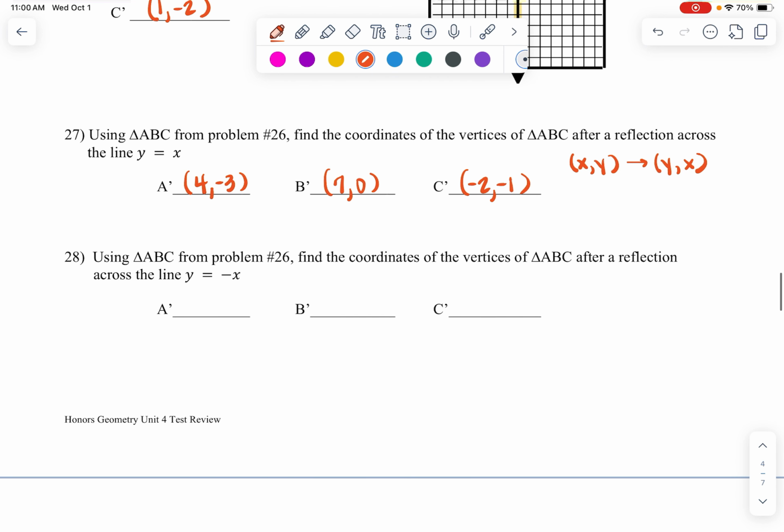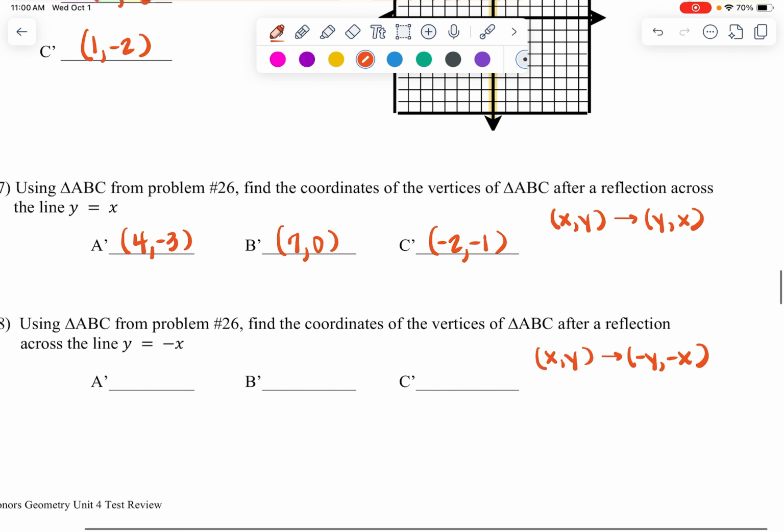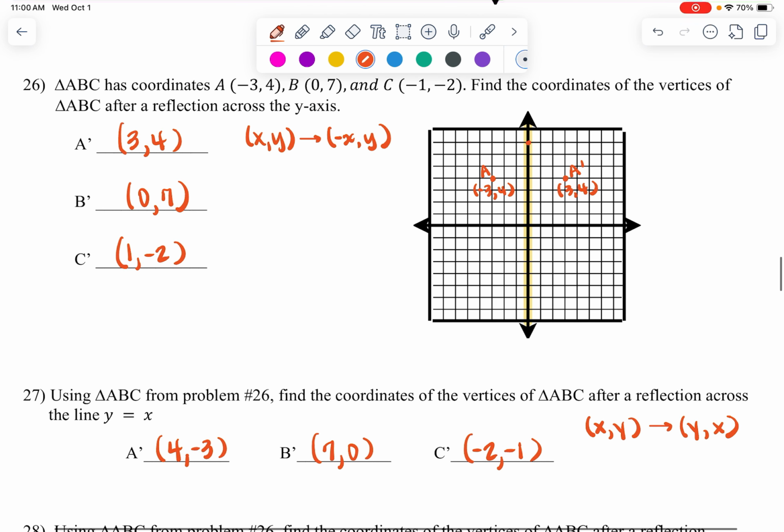Then they want us to go over the y equals -x line. So our rule is basically the same, except it's y equals -x, which means everybody is flipped and negated, right? We still have to swap because you're still going over a y equals x line, but it's the negative line, so everybody becomes negative. So let me see, I gotta go back up here.